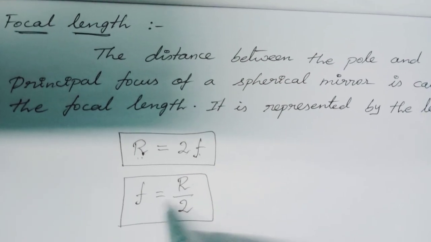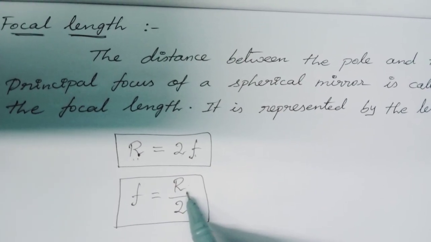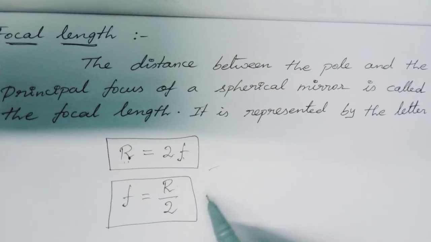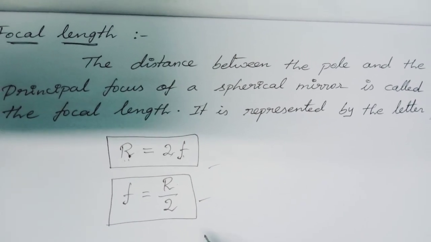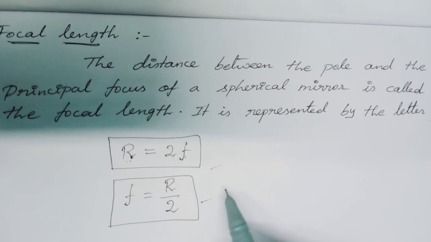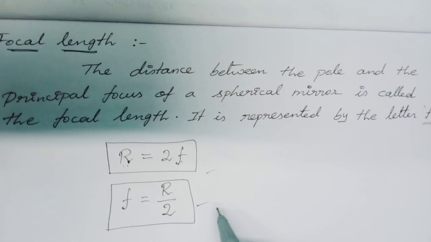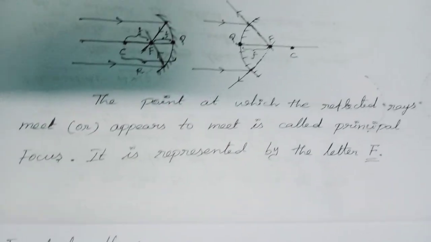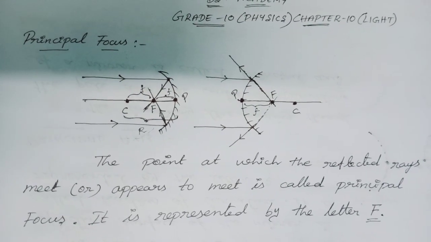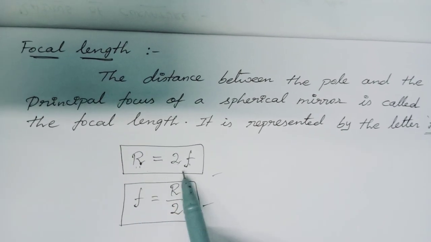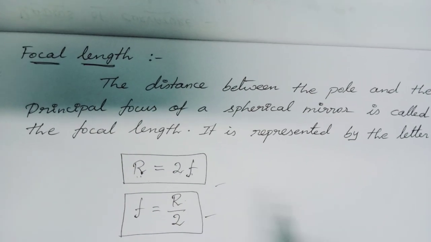Be clear about these two formulas, which we are going to use while solving numerical problems. Be clear about these topics: principal focus, focal length, and the relation between the radius of curvature and the focal length.